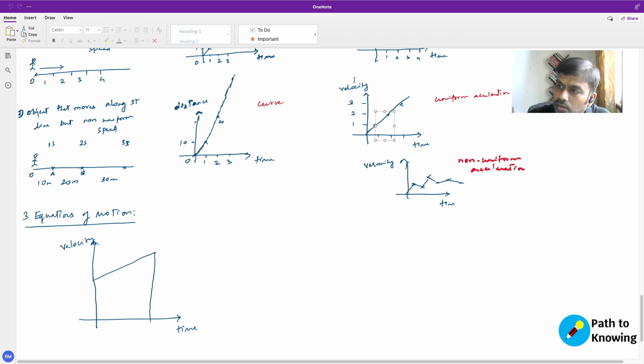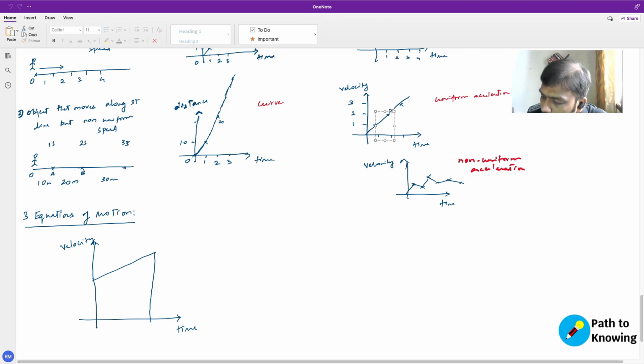So when I look at this particular slice, this is going to be a starting time, and this is going to be the ending time, and this part is the initial velocity at the starting time, and this is going to be the final velocity at the end time, right?